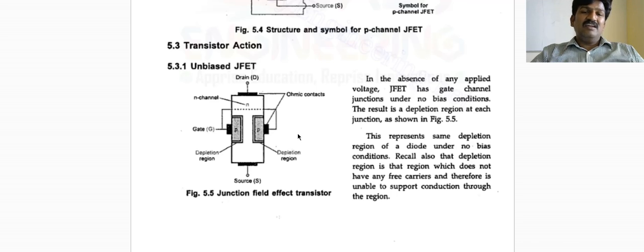When there is no biasing, meaning no voltage is applied between the drain and source and between the gate and source, your depletion region area is the same for both sides. That region does not have any free carriers, whether electron or hole, therefore it is unable to support conduction through the region.